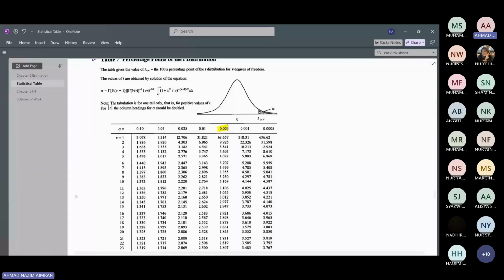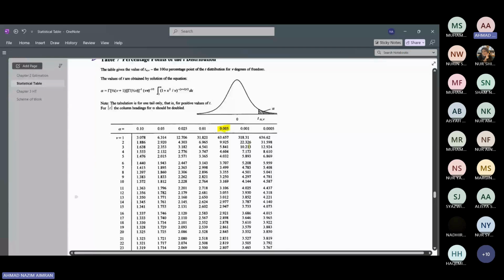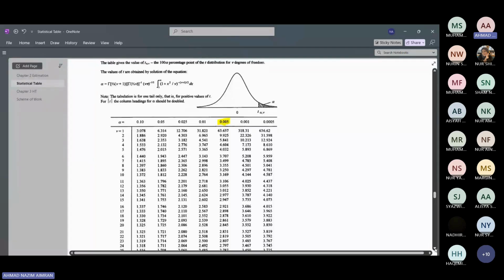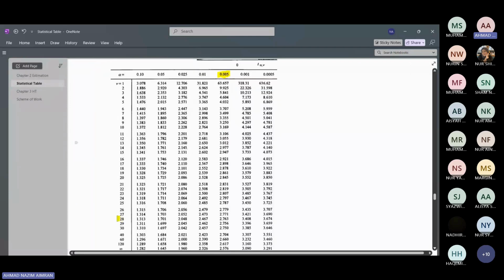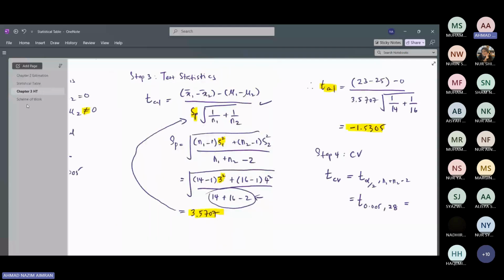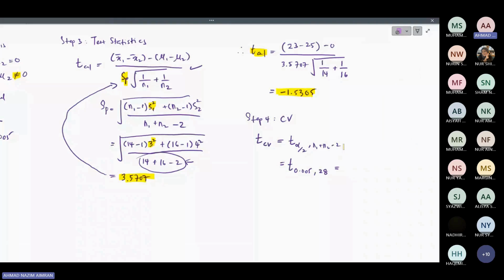This is the alpha, and our degree of freedom is 28. So the value is 2.763. Go back to our module. So the value here is equal to 2.763.